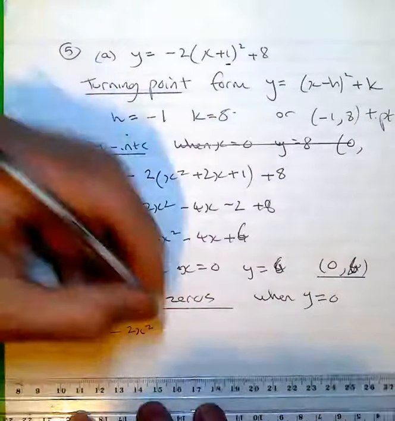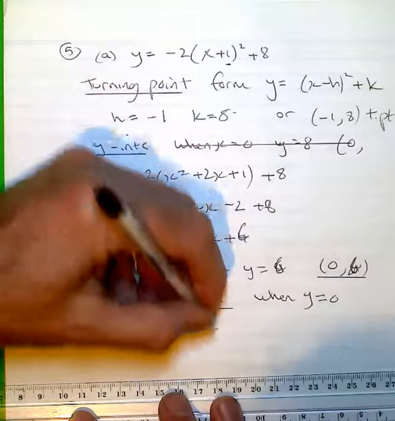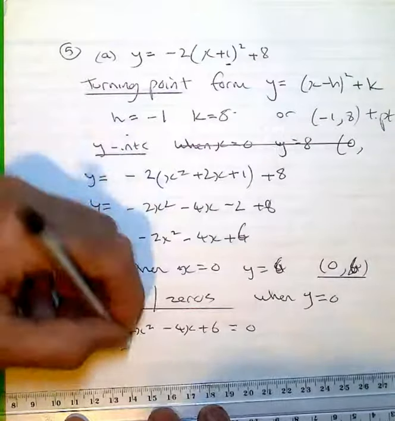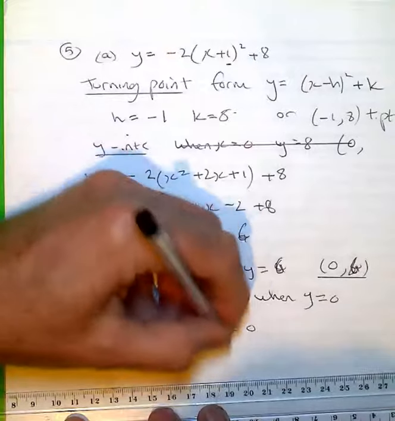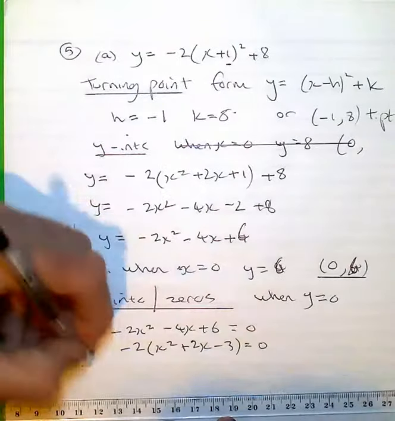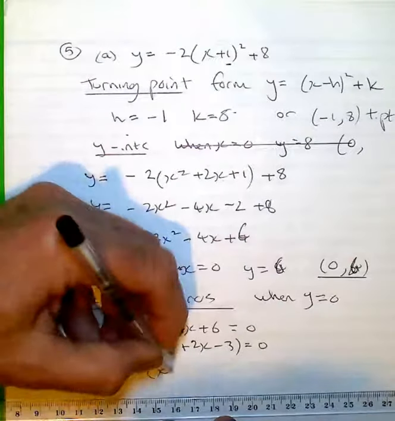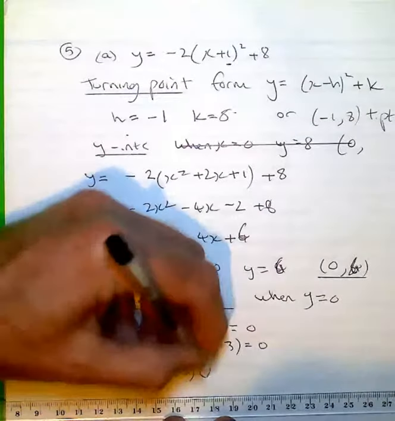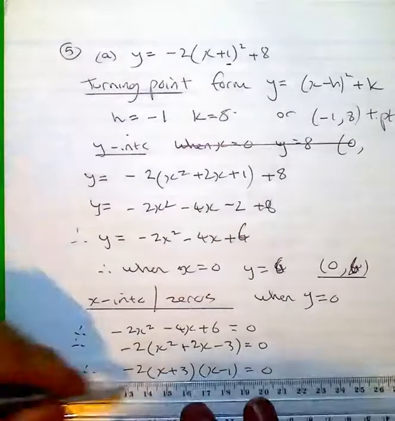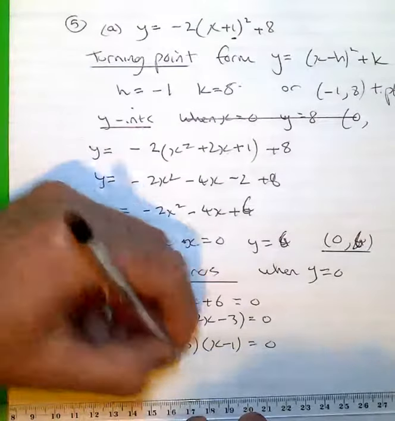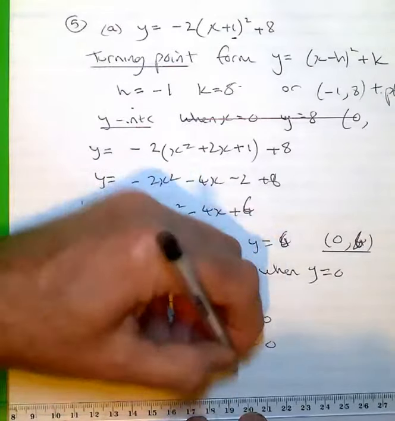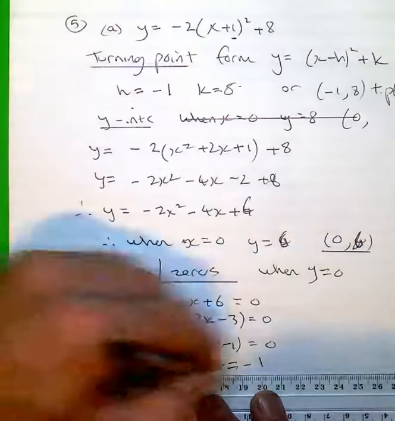So factorizing that, we get that, and hopefully you can quickly see x is equal to 3, x is equal to -1.